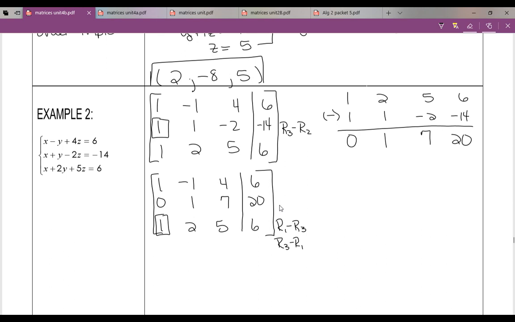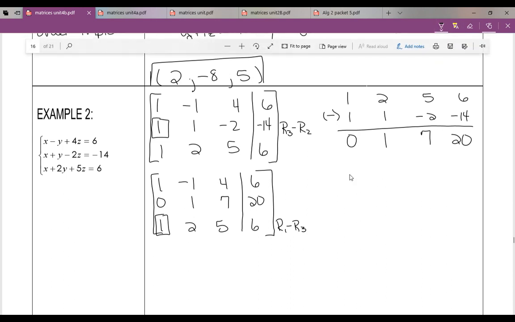It depends which one you want to do. I don't care. Pick. All right, we'll do 1 minus 3. So 1 minus 1, positive 4, 6. We're going to subtract 1, 2, 5, and 6.